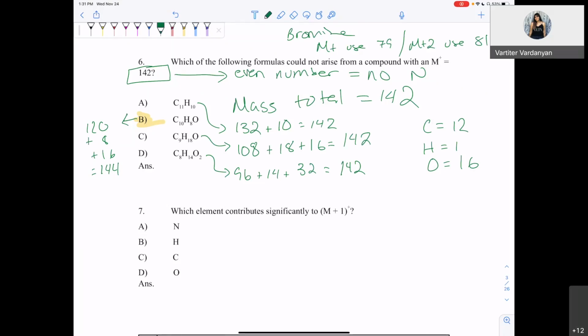It depends, exactly. So for the M plus peak, you're going to use 79. For the M+2, you're going to use 81. So you would only use 80 for the M+1, but he's not usually going to give you the M+1 because that's a weird thing to ask you about.